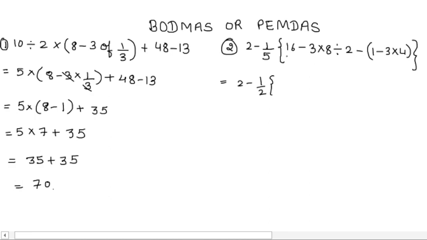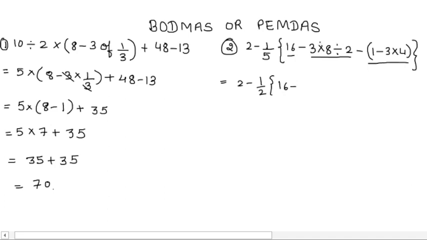So inside the bracket we have how many terms? 1, 2 and 3 terms. They can be solved separately on their own. So I have 16 minus, now look at this, we have multiplication and division.